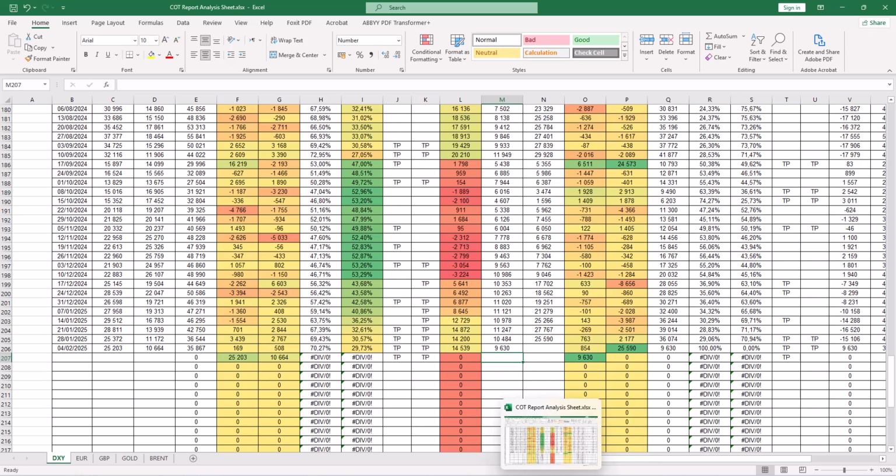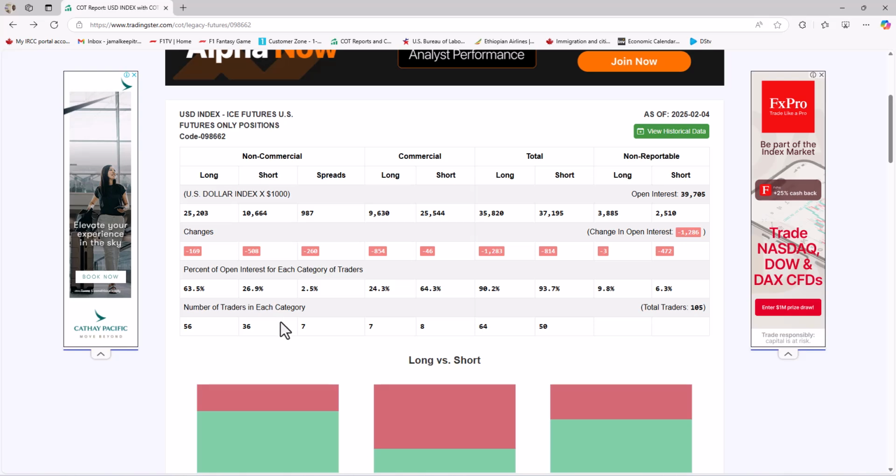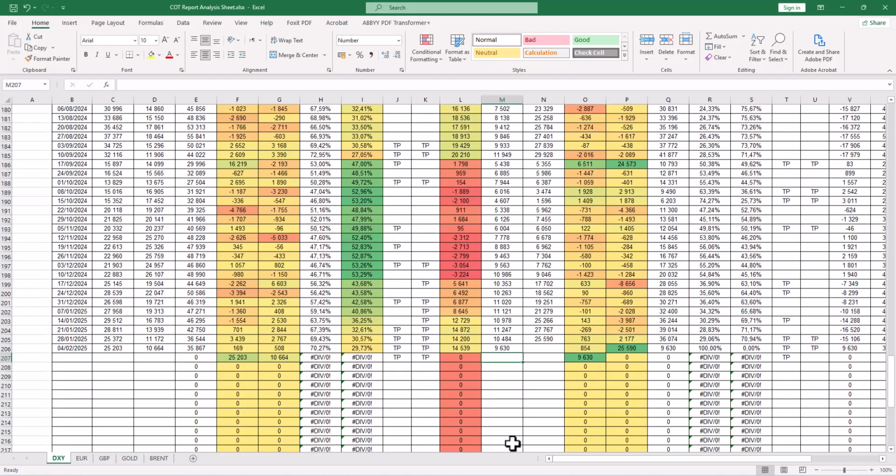That is telling. That's a sign that we need to see, because the commercials are the ones that we follow. On the short side, they're holding 25,544. That's a very slim change.